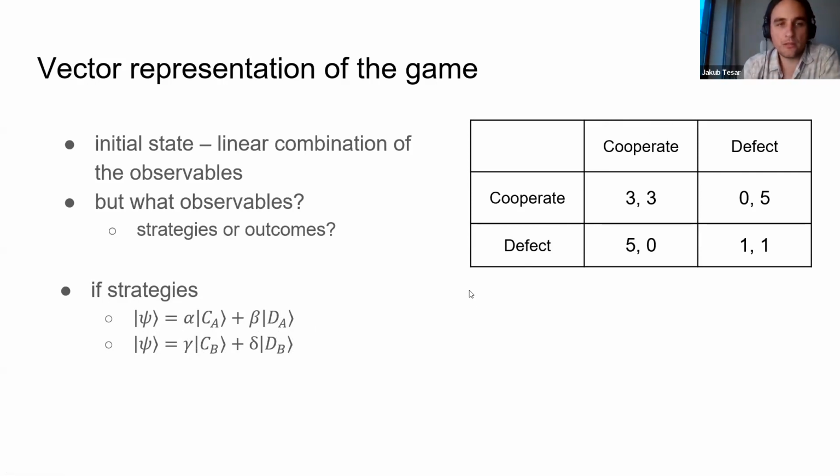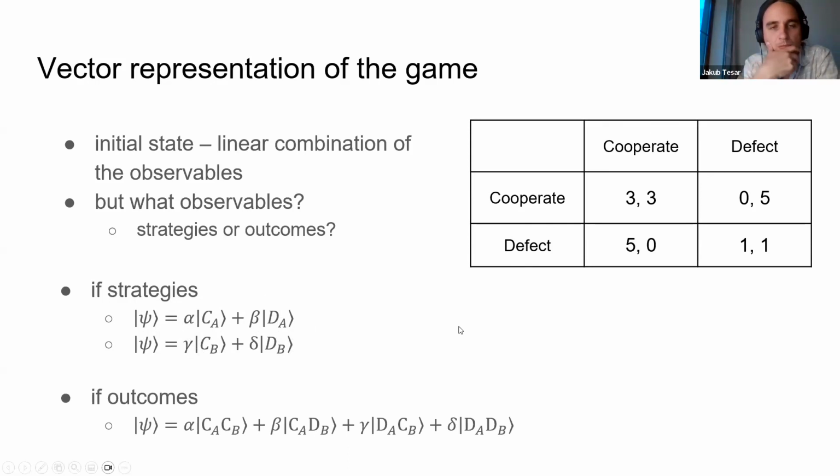But the other option, maybe I'm going too fast, but we will go through more examples later. So the other option is that we work with the fact that there are 4 observables, and those observables are the 4 outcomes, which is something we have seen in this tutorial.